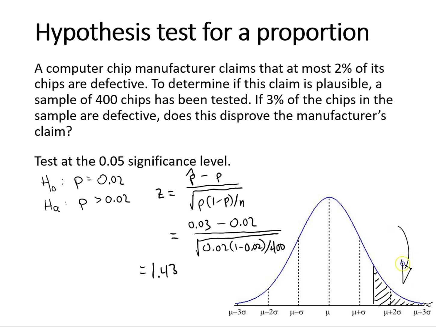So by using that norm.dist function, what we determined was that area to the left was 0.92344, which means the area to the right is 1 minus 0.92344, which we computed 0.07656. That's our p-value.